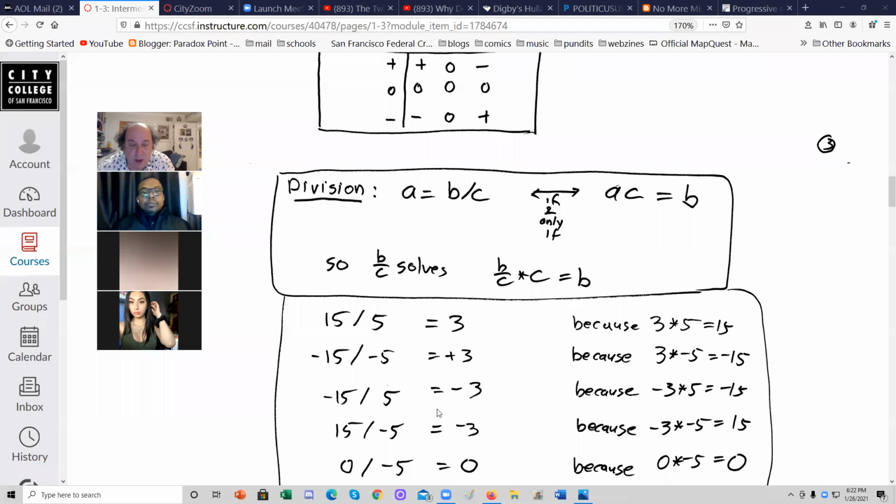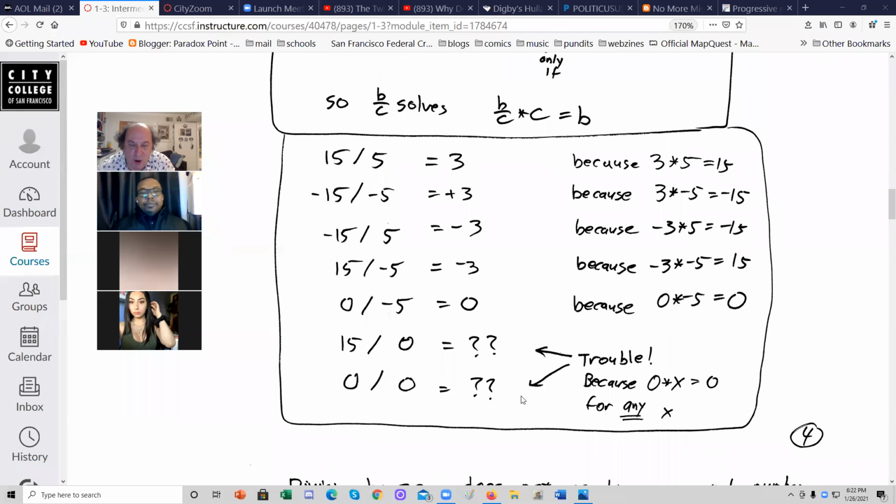Negative 15 divided by 5. What times 5 is negative 15? Negative 3. So here we go. 15 divided by negative 5. What times negative 5 is positive 15? Negative 3. Negative 3 times negative 5 is 15.